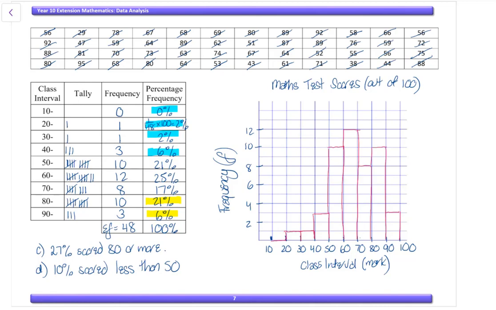Then it said copy and complete the following. More students had a test score in the interval blank than any other interval. So our largest frequency is the 60 to 70. So E would be 60 upwards. And that's our mode or our modal group.